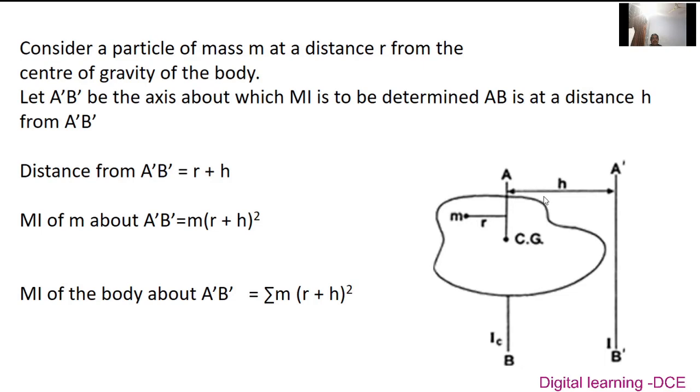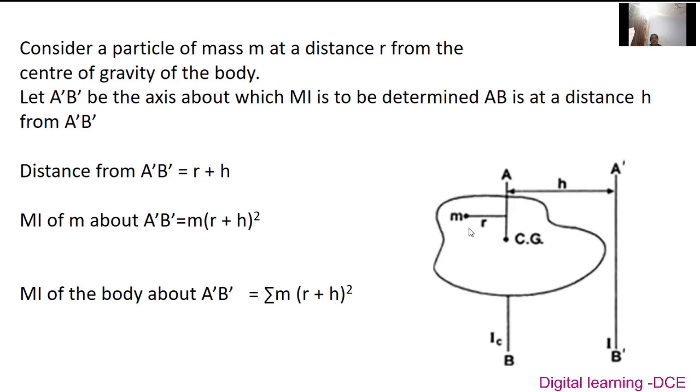AB is at a distance h from A'B', which means that if you know the moment of inertia of the particle m at a distance r from the center of gravity, then we can easily find the moment of inertia about any other axis parallel to the axis passing through the center of gravity. That is the parallel axis theorem.